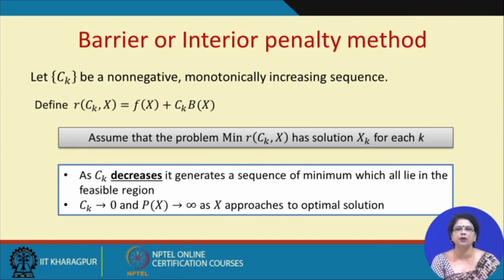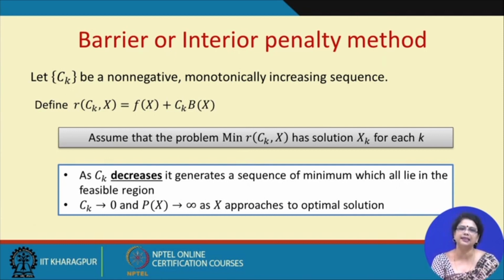Okay. Now, C2 will be considered, C2 must be lesser than C1. Okay. Then only we can move towards the boundary of the feasible region. That is why in this method, instead of increasing C, we have to decrease C.